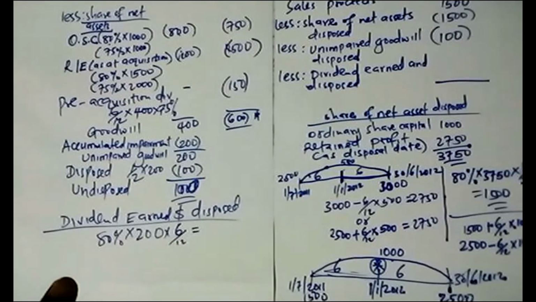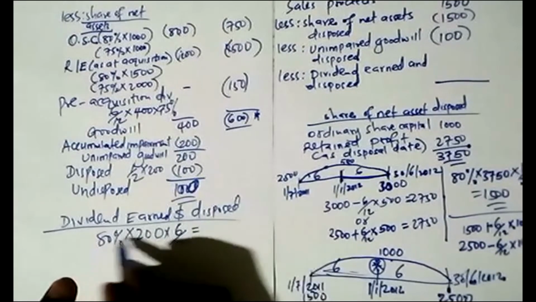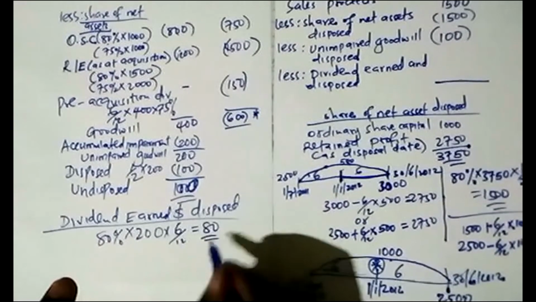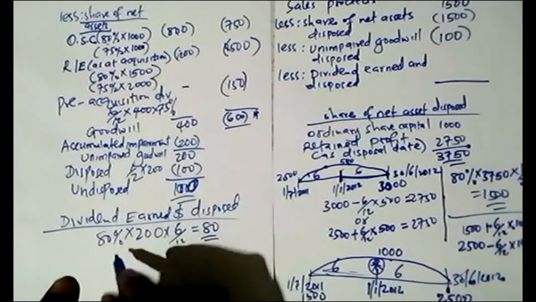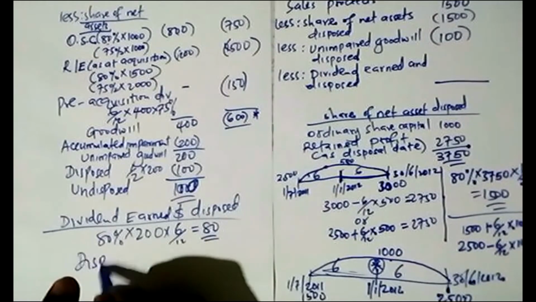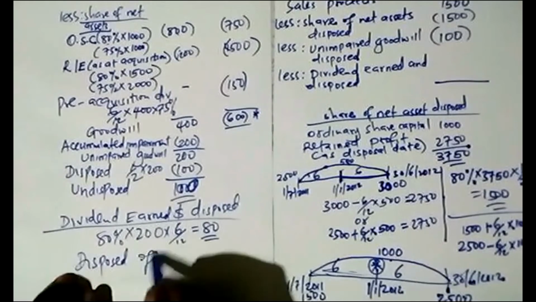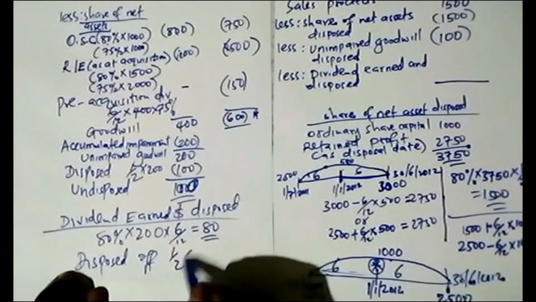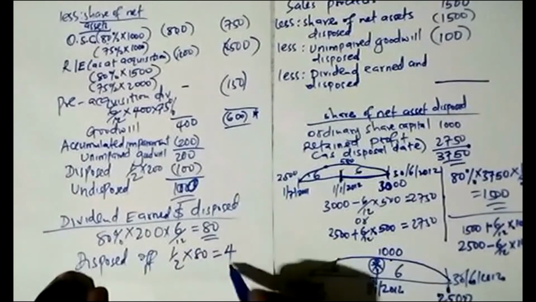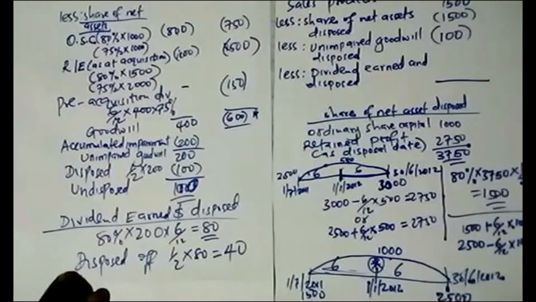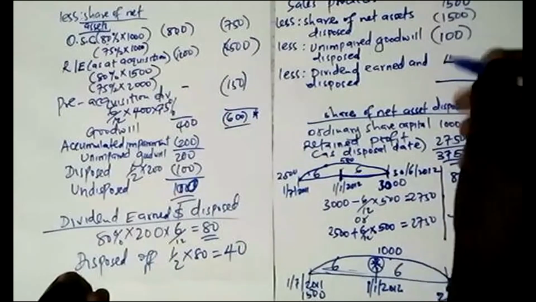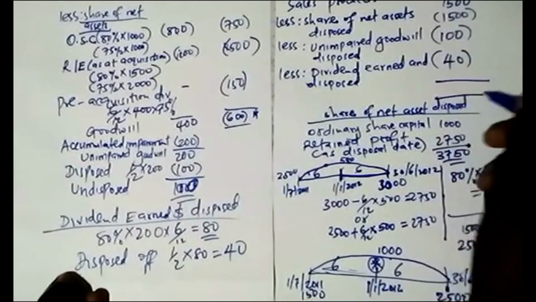So that one I'm getting, because this is all about 100 times 80, that is 80. So the parent disposed of a half of the 80, which is 40. So here I'm getting 40.